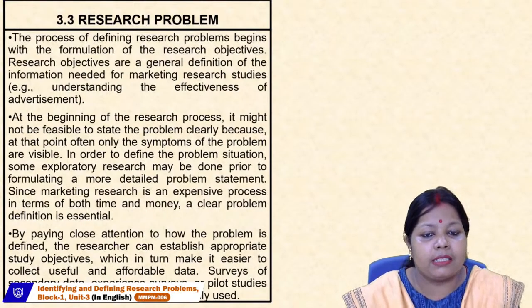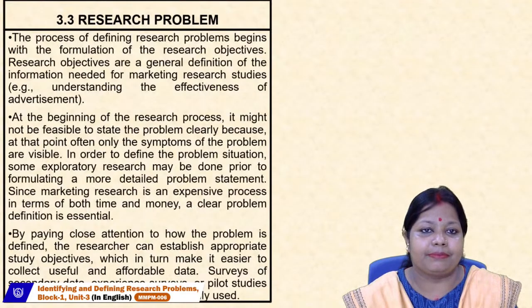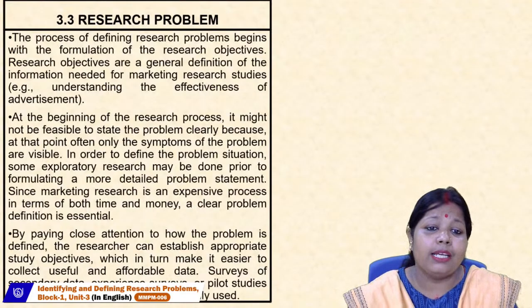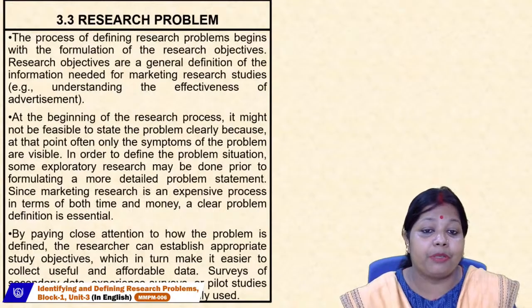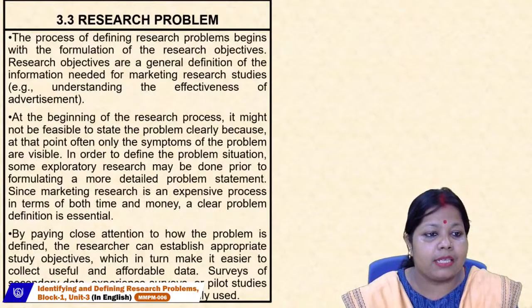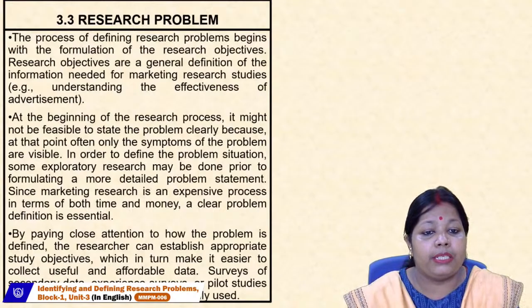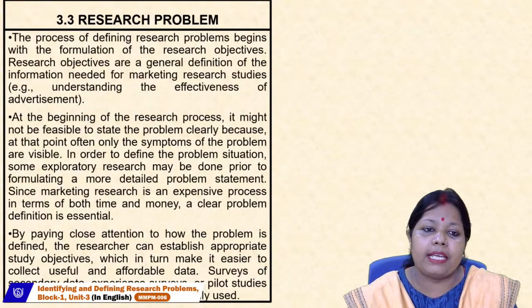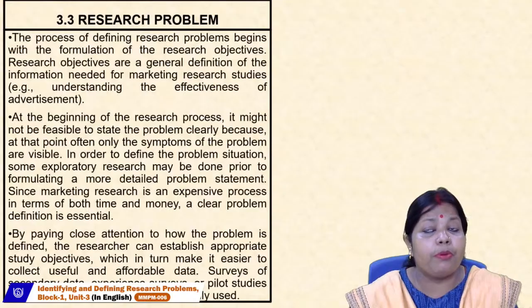At the beginning of the research process, it might not be feasible to state the problem clearly. It is not so easy to define the problem from the first process, because at that point often only the symptoms of the problem are visible. Many a time, if we go through the literature, we will find that the problem is not clear.